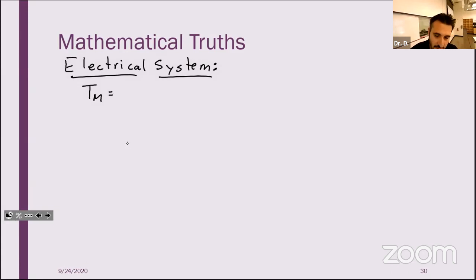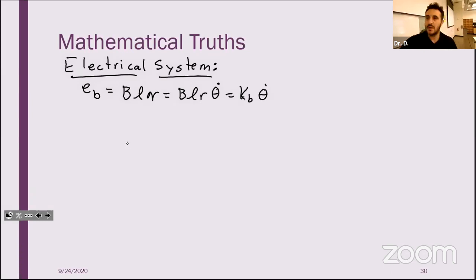Actually, we're going to talk about back EMF first. Now Dr. D's on the right page. We define this as B times L times V, where V is R times theta dot, which is just going to be KB theta dot. We went through that on a few note slides ago. KB theta dot.